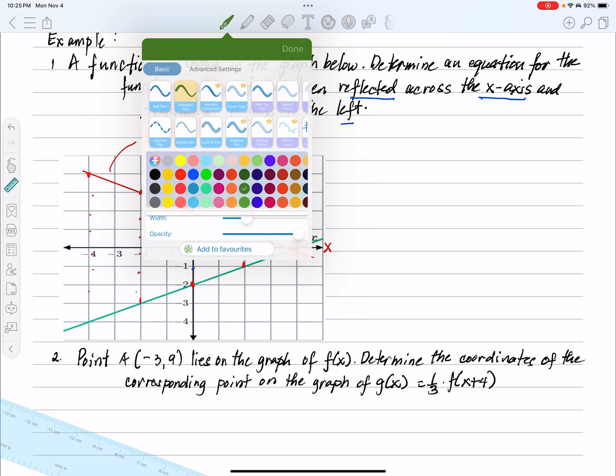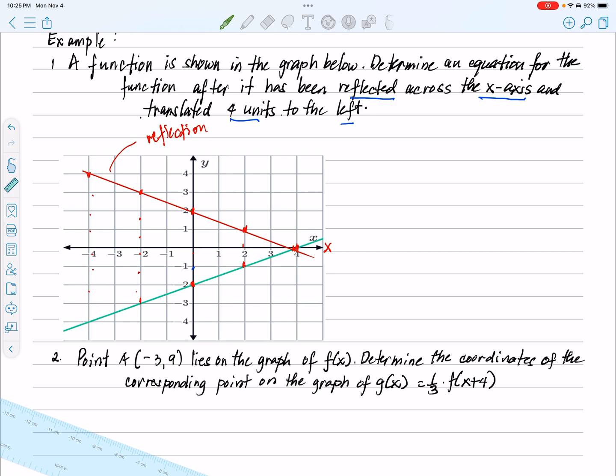So from here, 1, 2, 3, 1, 2, 3, this point. So from here, 1, 2, 3, 4. It moves 4 units to the left. Okay, so from here, 1, 2, 3, 4, the point now moves here.